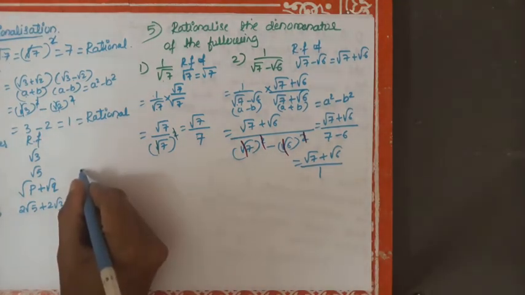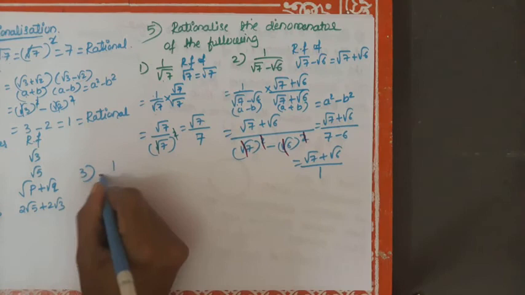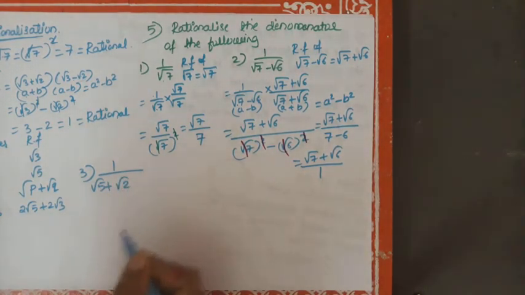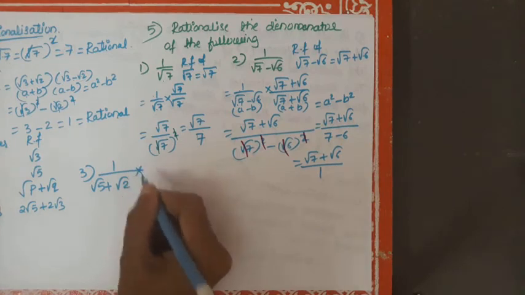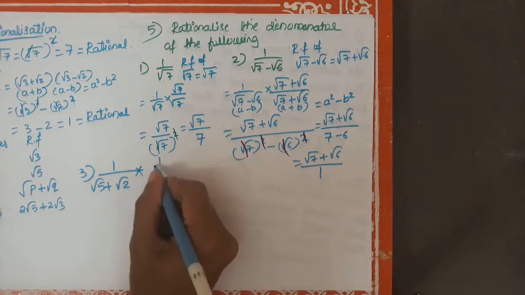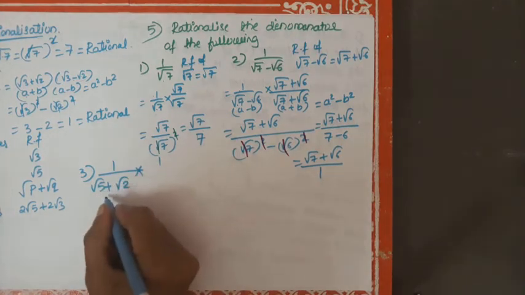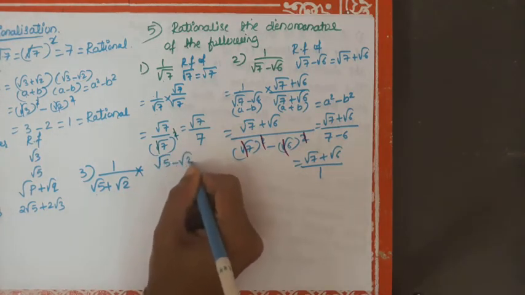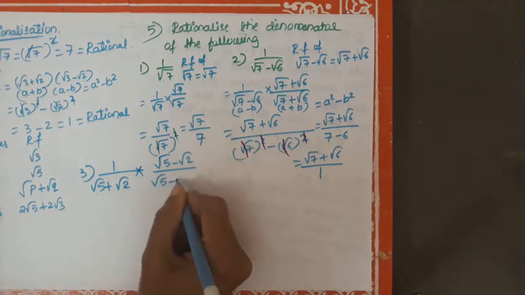Okay, then the third question is 1 by root 5 plus root 2. Again we need to multiply; this is a binomial, so the rationalizing factor is root 5 minus root 2. Root 5 minus root 2 divided by root 5 minus root 2.